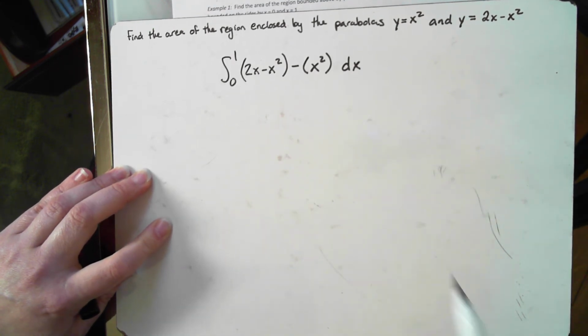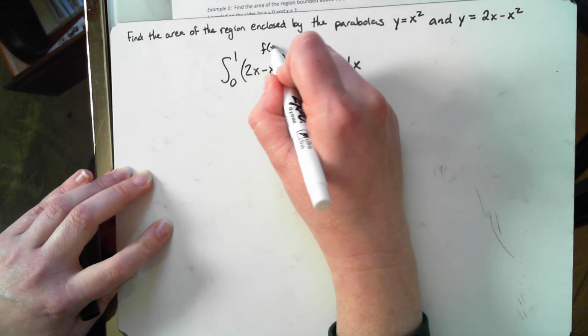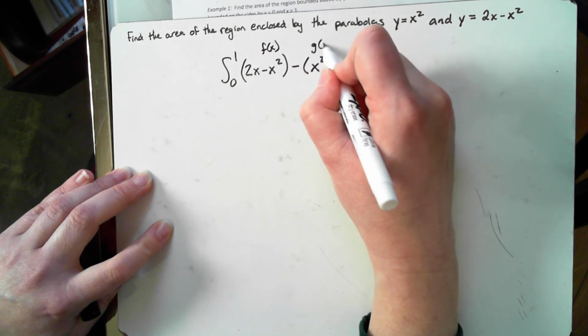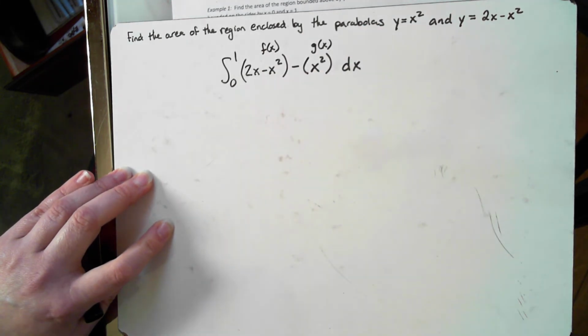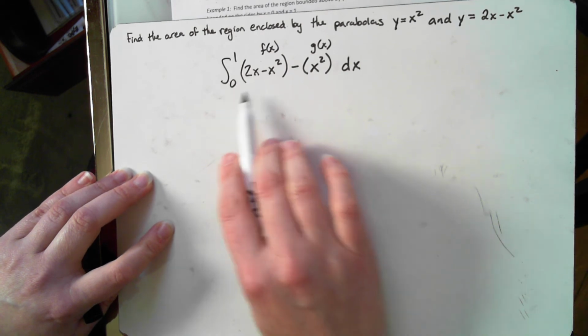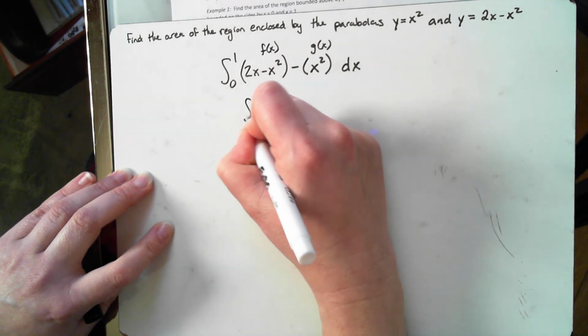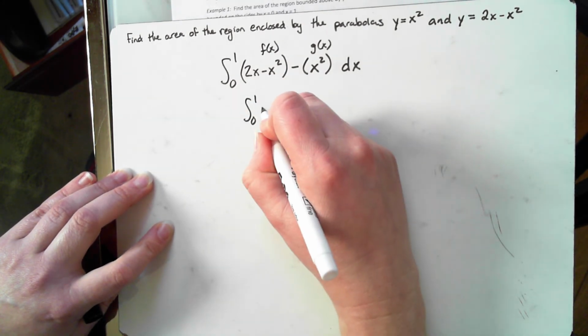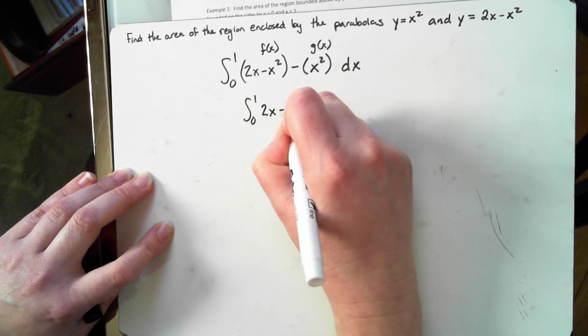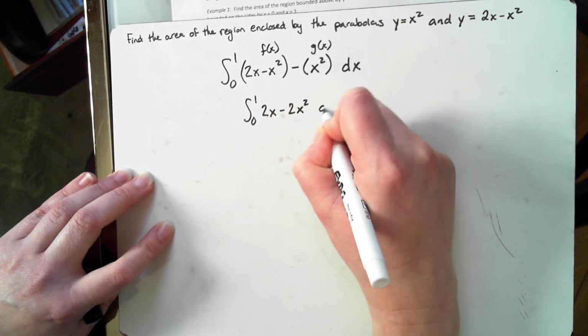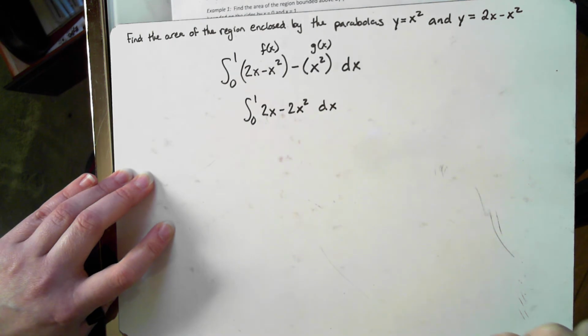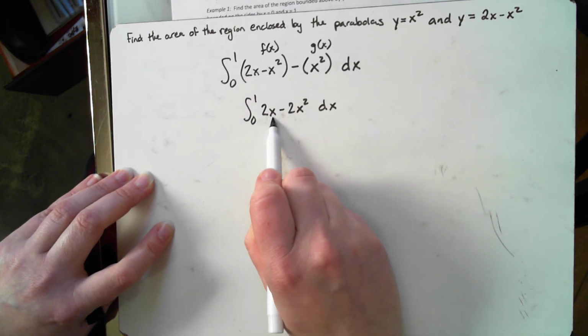But it did help me to identify which one is f of x, the top function, and which one is g of x, the bottom function. Now I'm just going to simplify this, which is the integral from 0 to 1 of 2x minus 2x squared dx.